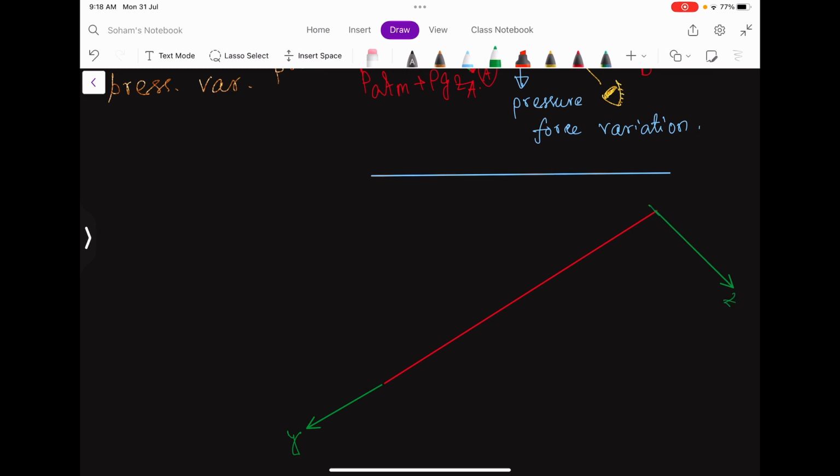That means the axis perpendicular to the plane of the board is nothing but x. Fine.